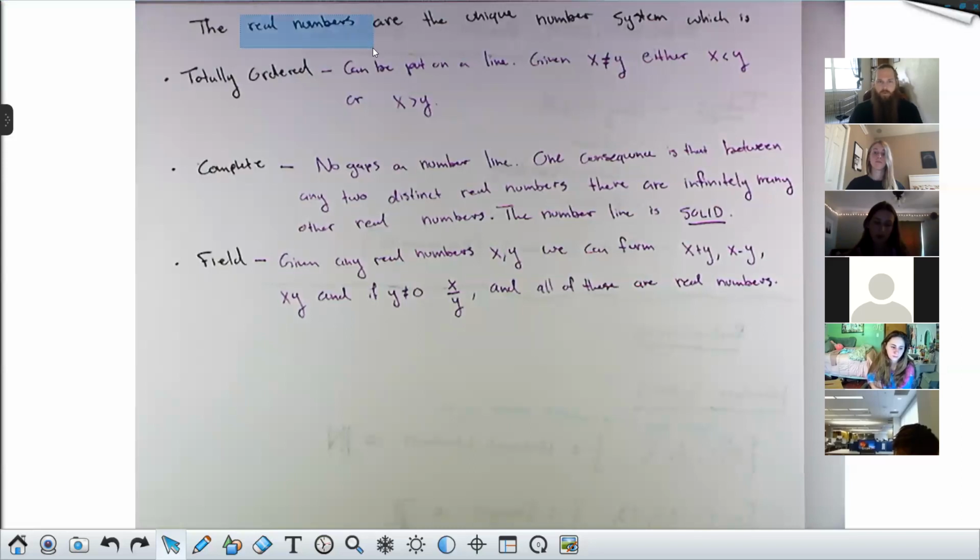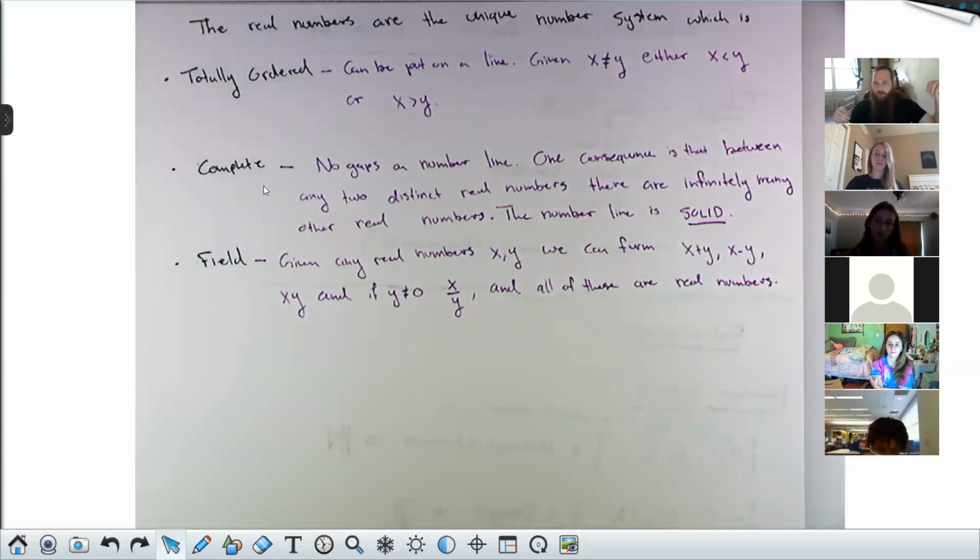The real numbers are special though, because they're sort of the simplest set where you can do calculus. The rationals are totally ordered and they are a field, but they're not complete. And completeness turns out to be the really important feature that we need for calculus. If you want to think of the rational numbers, picture your solid real number line.